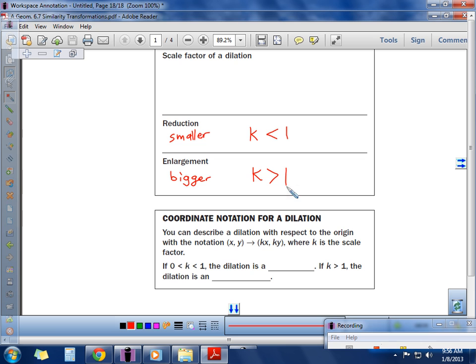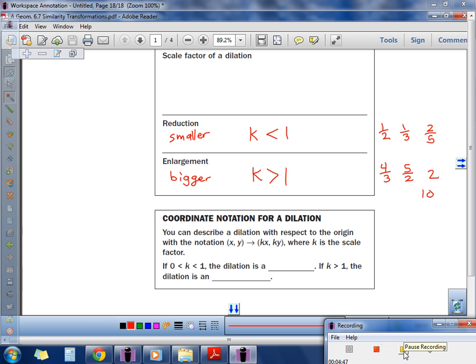So examples would be fractions for a reduction, like 1/2, 1/3, 2/5. Enlargement, you can still have fractions here, but it would be things like 4/3, 5/2, or you could have a scale factor of 2 or 10, things like that.